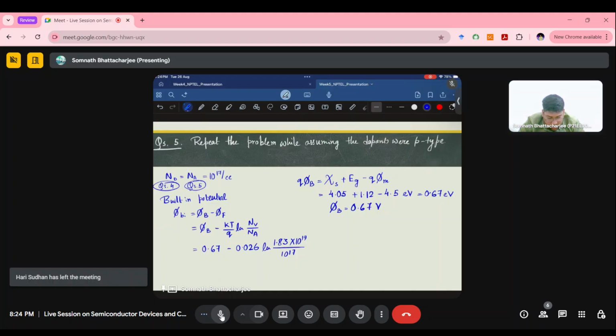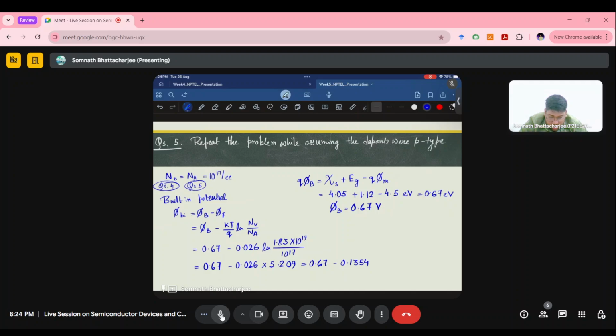It is 183, right? ln of 183 is 5.209. So 0.67 minus 0.026 multiplied by 5.209, which is 0.67 minus 0.1354.